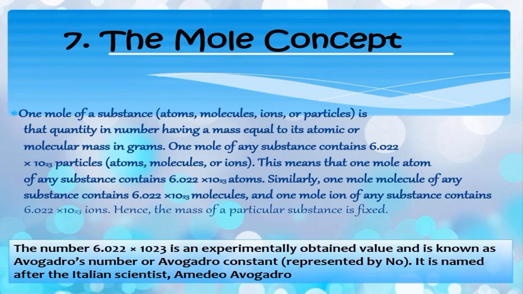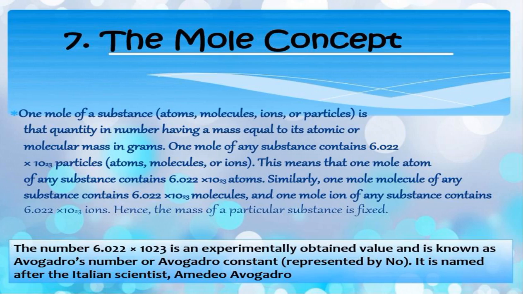The mole concept. One mole of a substance, that is atoms, molecules, ions or particles, is that quantity in number having a mass equal to its atomic or molecular mass in grams. One mole of any substance contains 6.022 into 10 to the power 23 particles, atoms, molecules or ions.